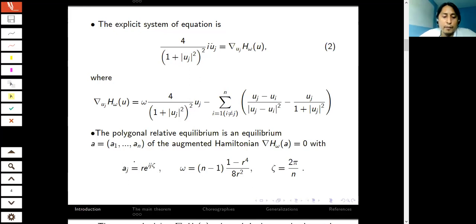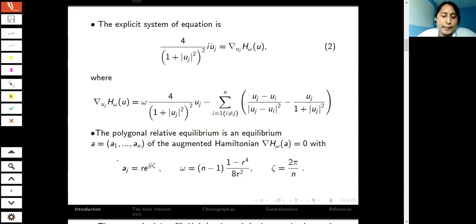Okay, so if you put those positions in the stereographic projection of the polygon on the plane, then this is going to be a critical point or an equilibrium when you put the frequency omega equal to 1 minus (n minus 1) multiplying (1 minus r to the 4) over 8 r squared.